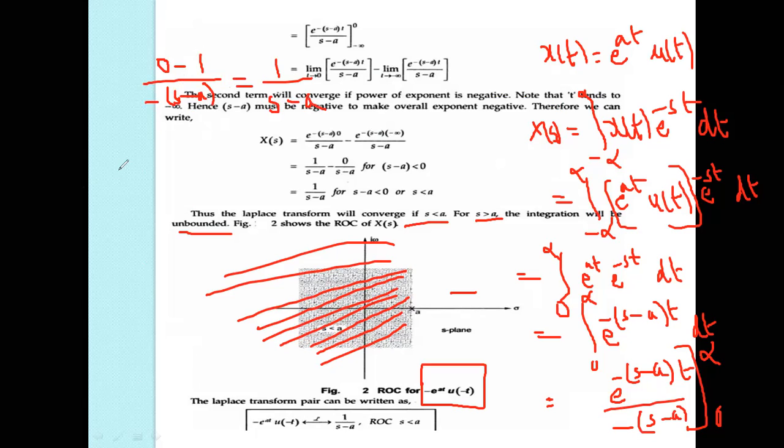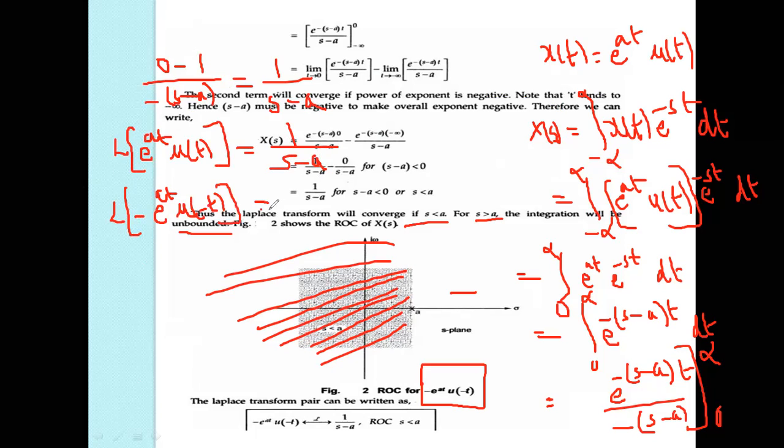So when we take the Laplace transformation of e power a t mu of t, the value is 1 by s minus a. Even the Laplace transformation of minus e power a t mu of minus t is also the same, 1 by s minus a.